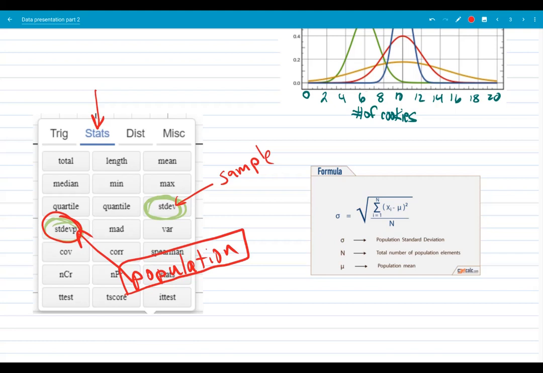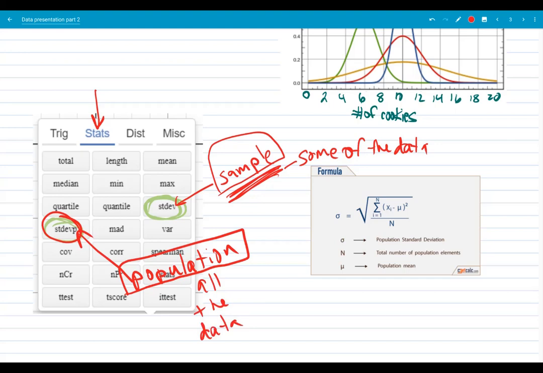Or how many concerts did you go to last year? Or how many hours do you normally work at your job during the week? You don't have everybody, so you're going to be doing a sample. Sample is when you have some of the data. This one is you have all the data.